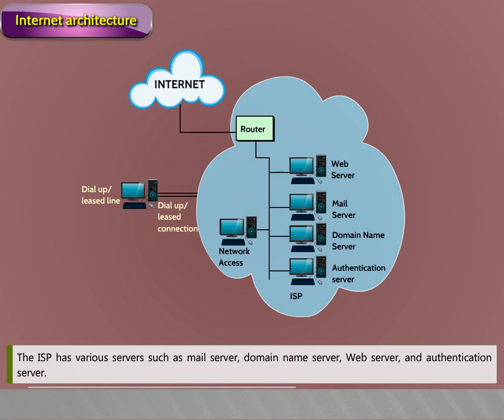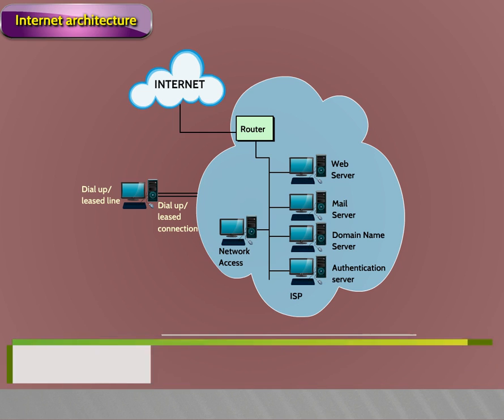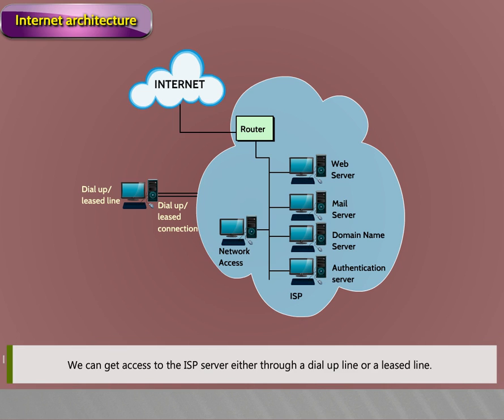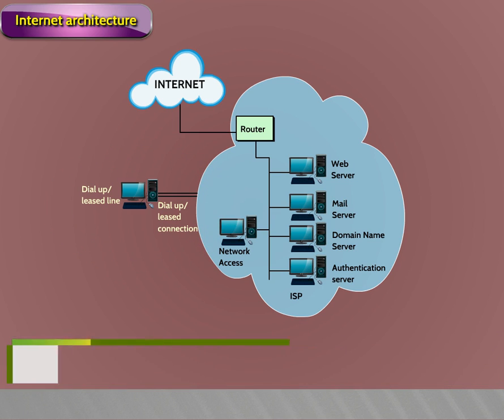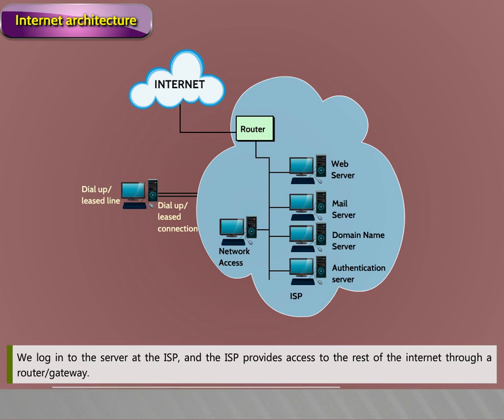The ISP has various servers such as mail server, domain name server, web server, and authentication server. We can get access to the ISP server either through a dial-up line or a leased line. We log into the server at the ISP, and the ISP provides access to the rest of the internet through a router or gateway.